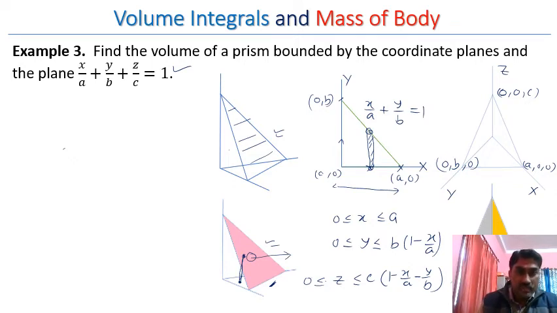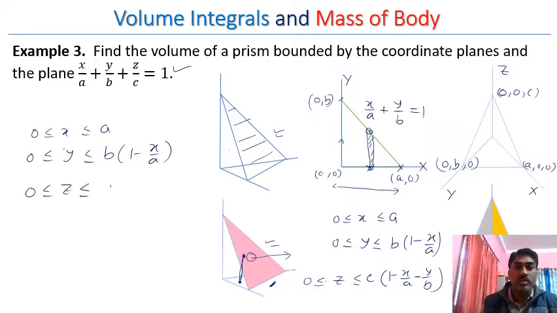Finally we have 0 less than or equal to x less than or equal to a, 0 less than or equal to y less than or equal to b times 1 minus x by a, and 0 less than or equal to z less than or equal to c times 1 minus x by a minus y by b. This is how we find the limits.